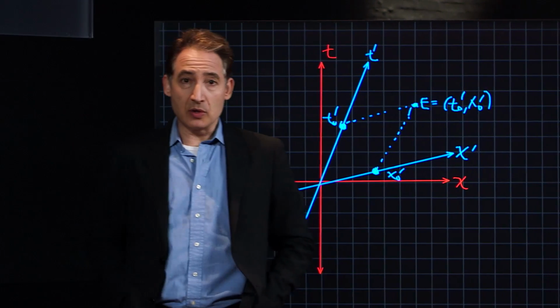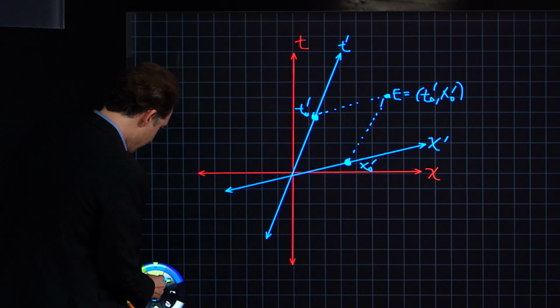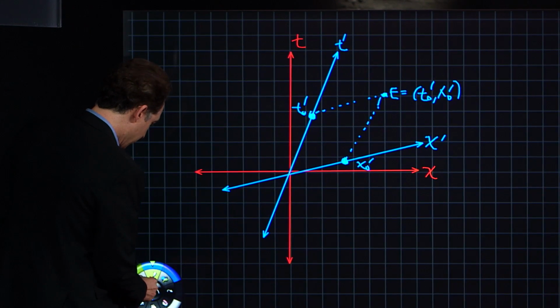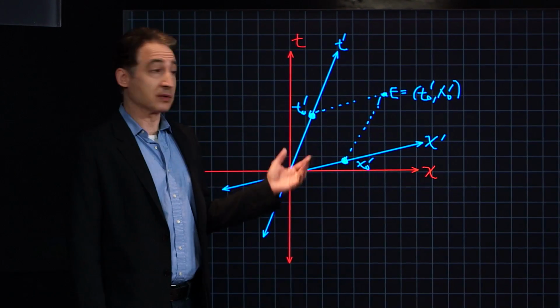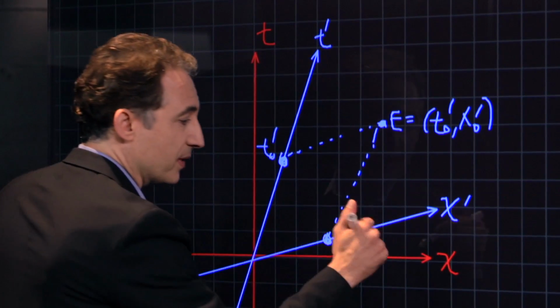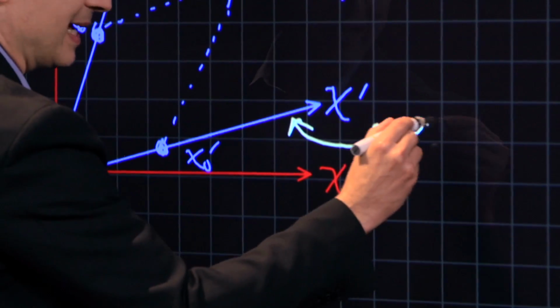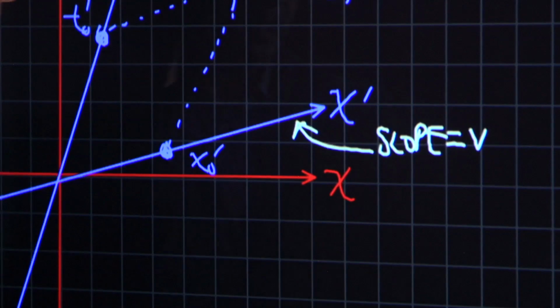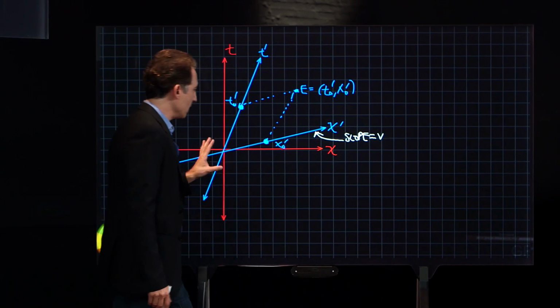Now, it's also useful to re-emphasize that you can read off key features of the motion of the moving frame by just looking at the slopes of these lines. The slope of this line is equal to the velocity. Again, we're using units where c is equal to 1. So this is the velocity of the moving frame.